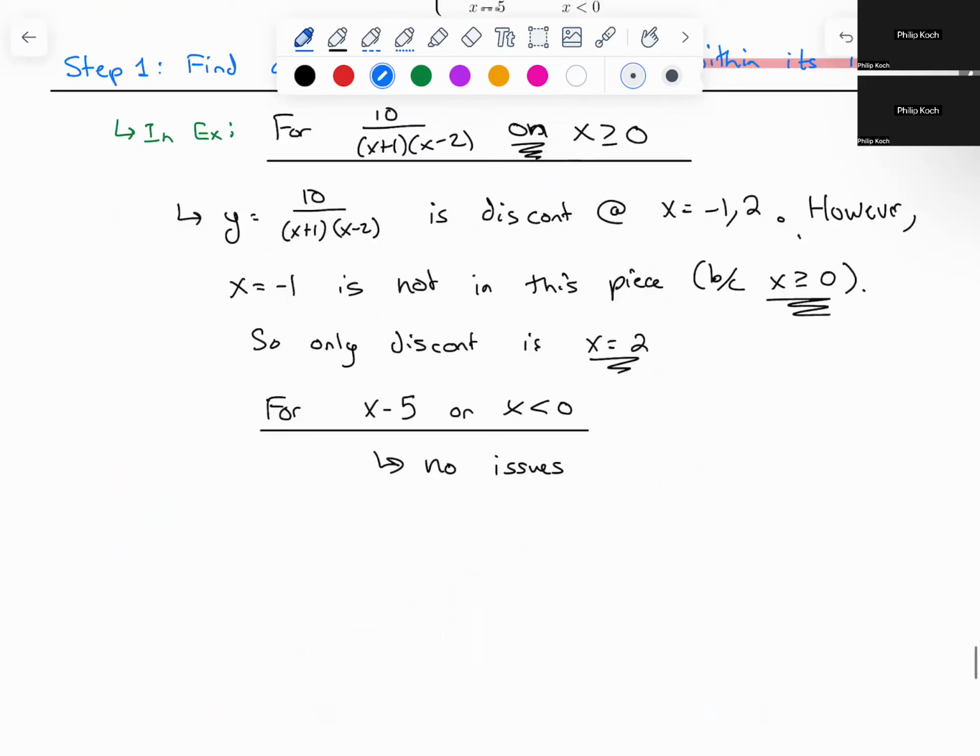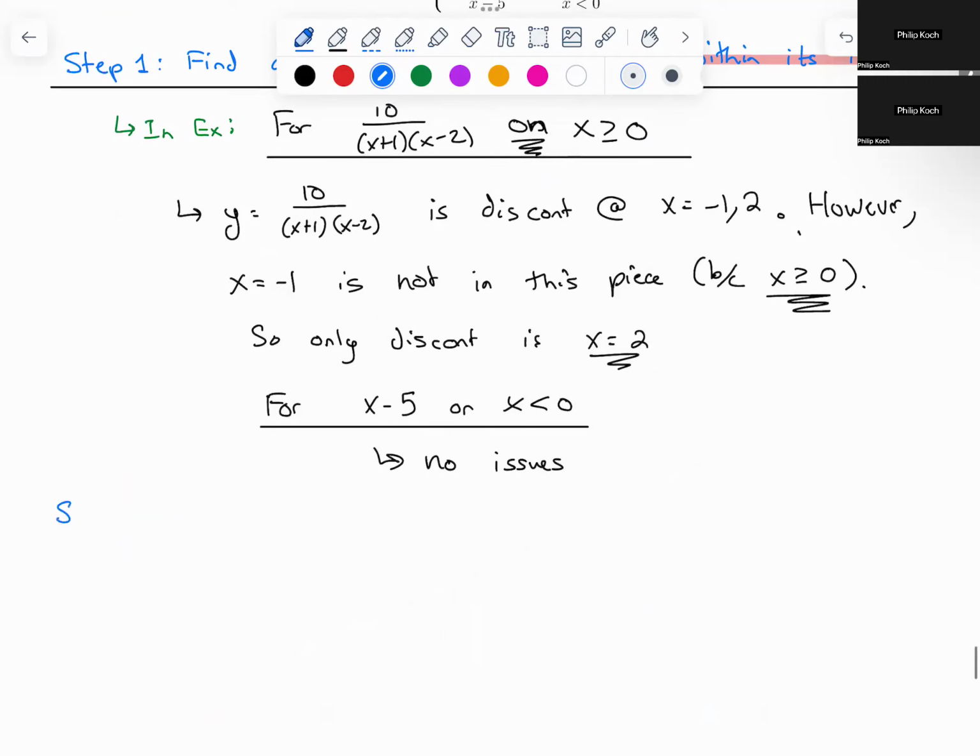Step 2, and once again, I know this is taking a long time, but that's because we're writing down all the procedure, and we're writing this down perfectly for our notes, for legibility and understanding while we're reviewing. Step 2 is going to be determine if discontinuous at dividing values.